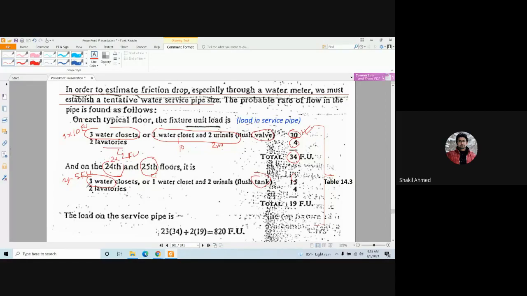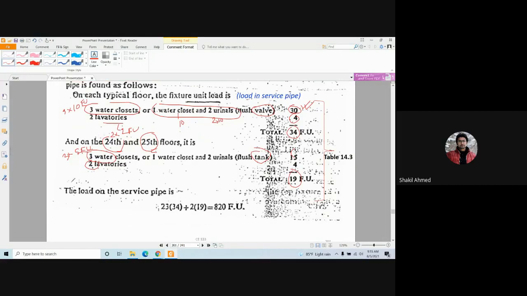And 2 lavatories, similarly 4, so it becomes 19. So total load on the service pipe: 23 stories have 34 fixture units, and the 24th and 25th, that means 2 floors, have 19 fixture units. So 23 into 34 plus 2 into 19, together 820 fixture units. Clear? Yes, sir.